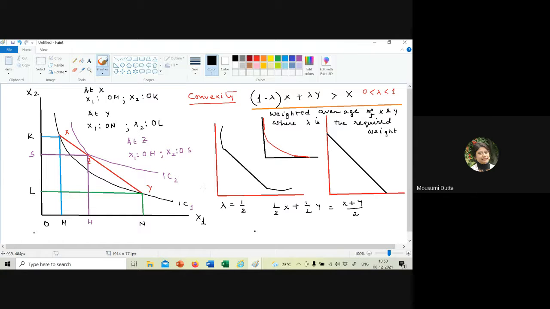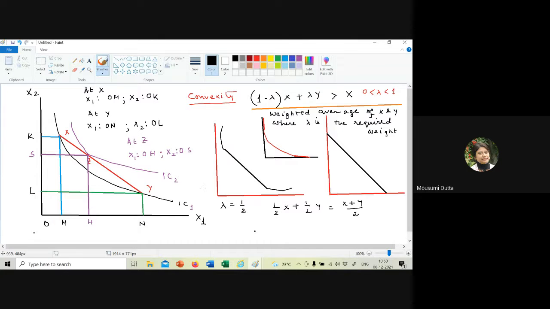So if I consider any weighted average of the two combinations, OM, OK and ON, OL, and get any combination like OH, OS, that combination of two commodities will give me a higher level of satisfaction, because the point is lying on a higher indifference curve.